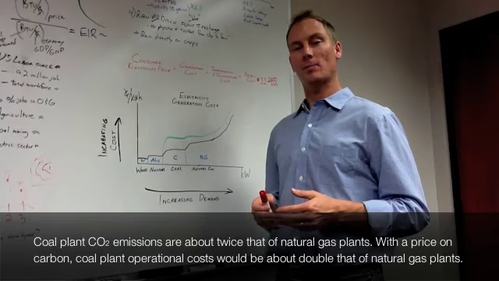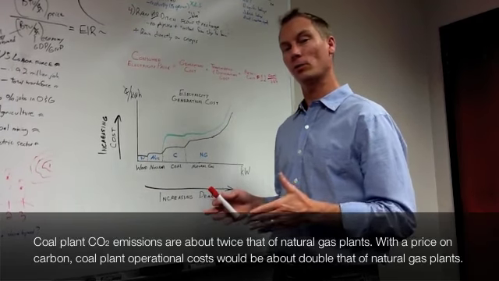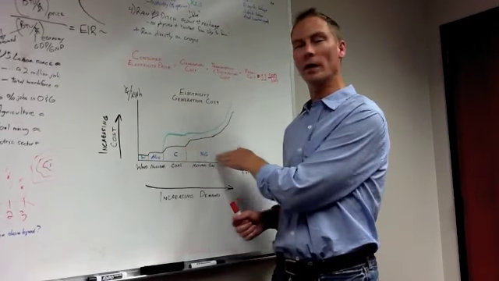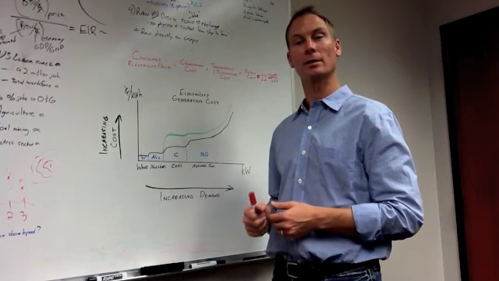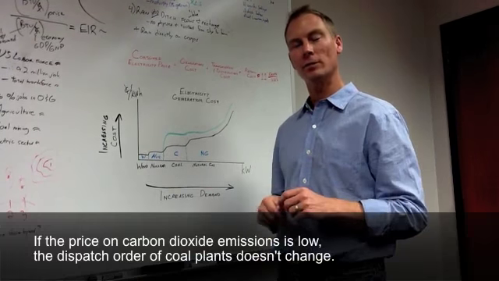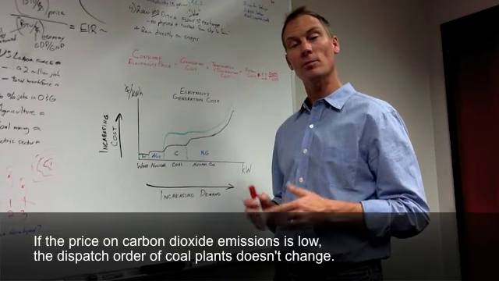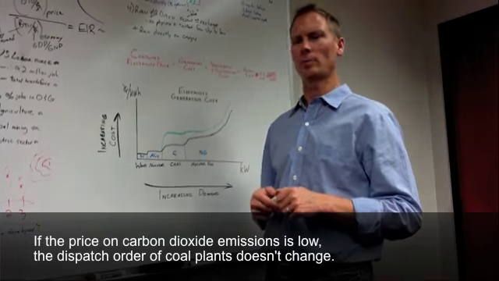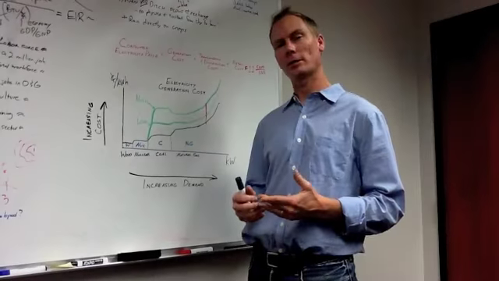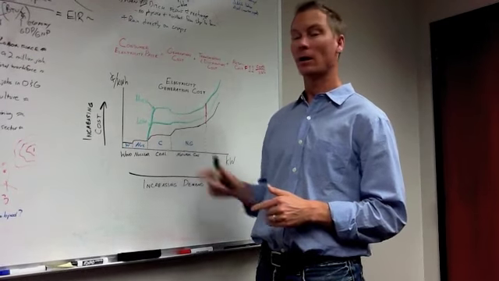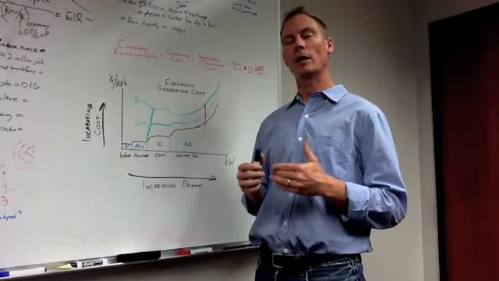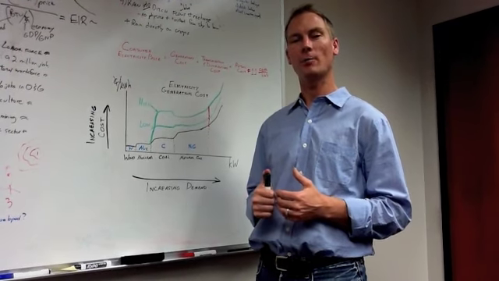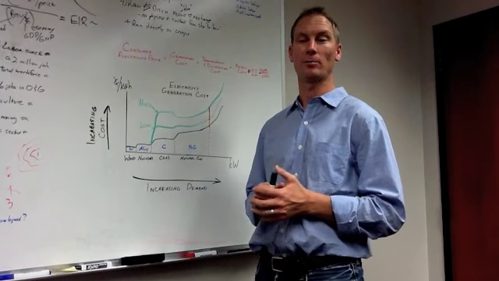If the carbon dioxide price is below a certain threshold, the coal power plant's operating cost is still below that of the natural gas power plants, and the dispatch order of the electricity system is approximately the same as if there were no price on carbon dioxide emission. But if the carbon dioxide price is high enough, all of a sudden the operating costs of coal-fired power plants can become higher than the operating costs of natural gas-fired power plants.